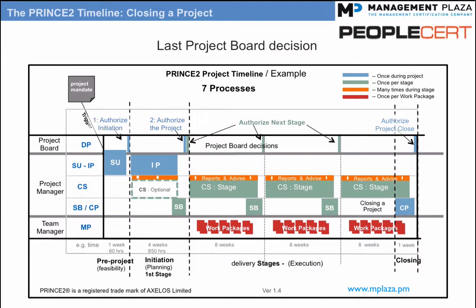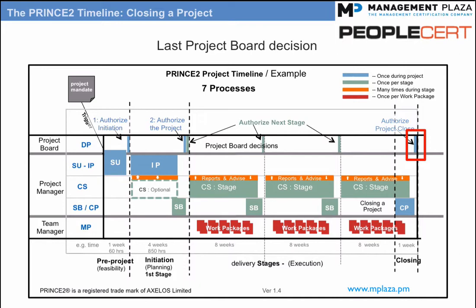Topic: authorize project closure. The last decision the project board will take is to close the project. This is known as authorize project closure. Before taking this decision, they will do the following: review the baseline documents, such as the business case and the project plan, with the current documents to see how the project has performed compared to the original goals.